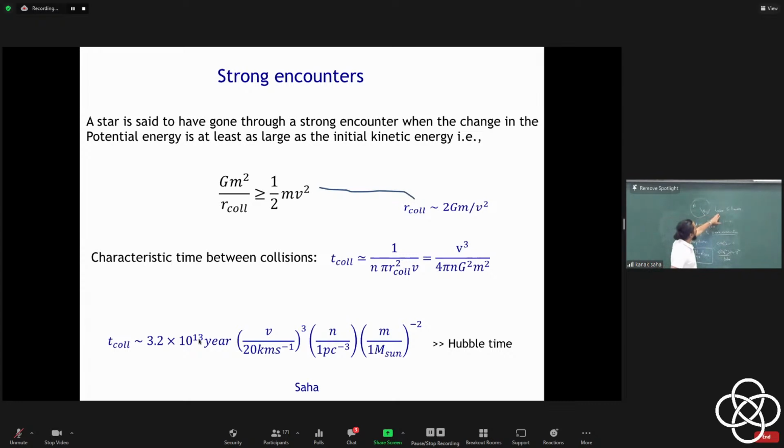However, if the T relaxation is much greater than the Hubble time, then you can ignore encounters.